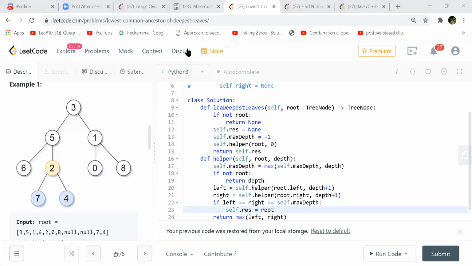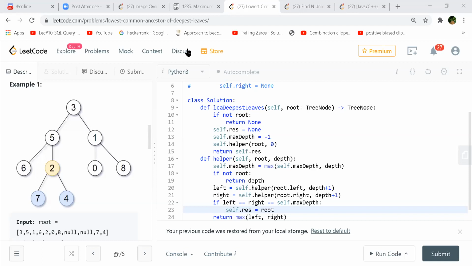Okay, so you're calling this helper function as a post order DFS, right? This is post order: left, right, and then performing operations on the node. Okay, yeah. And that's a very optimized solution, right? Yeah, this post order.